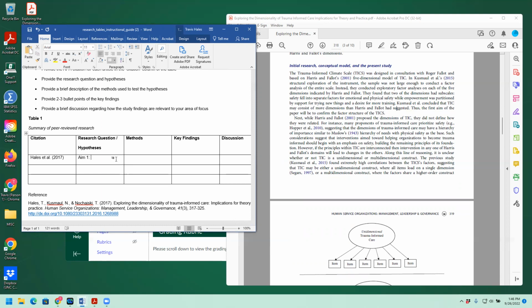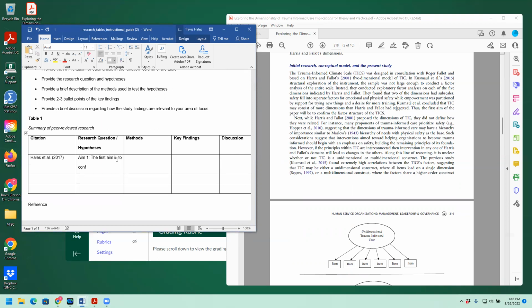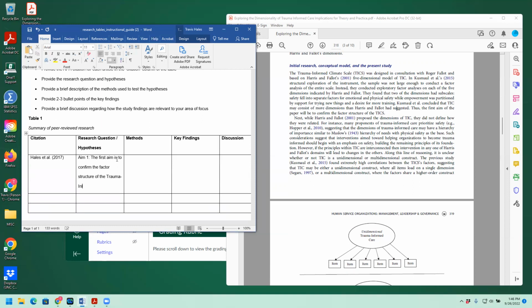So we'll put the first aim is to confirm the factor structure of the, and I'll spell it out here, trauma-informed climate scale, and then define the acronym in parentheses.